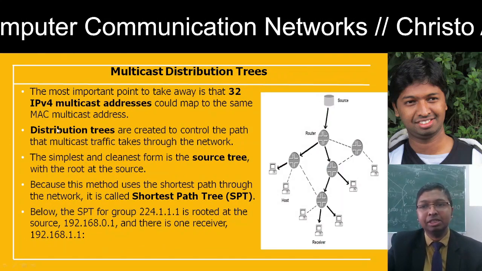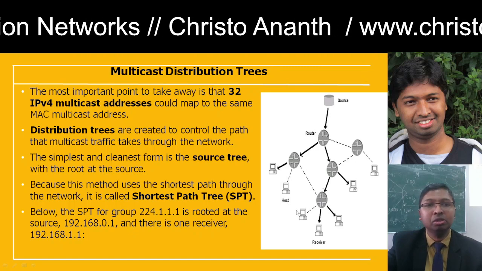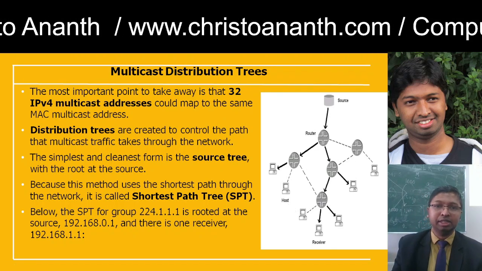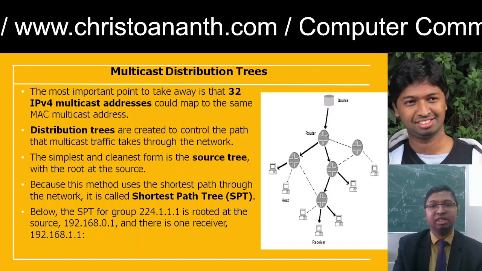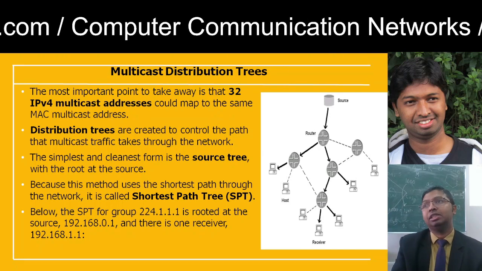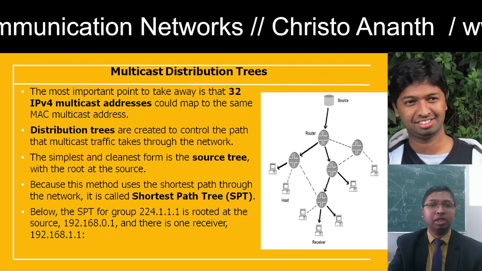So these are the multicast distribution trees. We'll have the source, then routers across several hops to the host. There are 32 bits in IPv4 multicast addresses, and the distribution trees are created in order to control the path that the multicast traffic travels across the network.